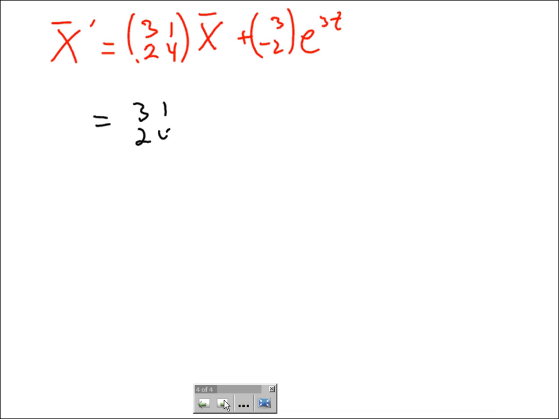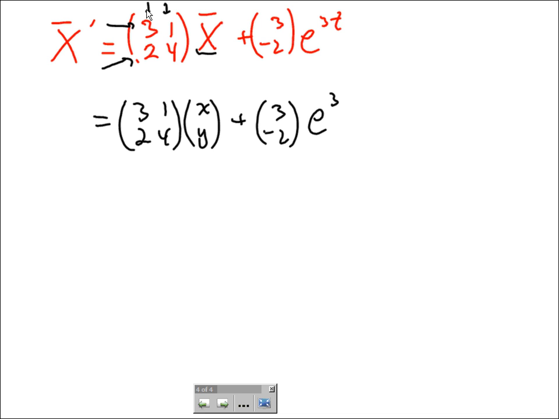This is 3, 1, 2, 4 times, while x bar really means little x, little y. Why does it not mean little z as well? Because there's only 2 rows, or if you prefer, only 2 columns, column x, column y, plus 3, negative 2 e to the 3t.